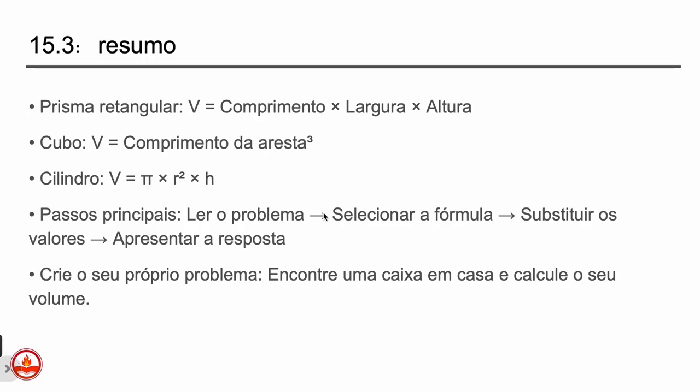And for a cylinder, the volume is pi times r squared times height. And the steps for solving problems are read, identify shape, use formula, calculate, and write the answer down.